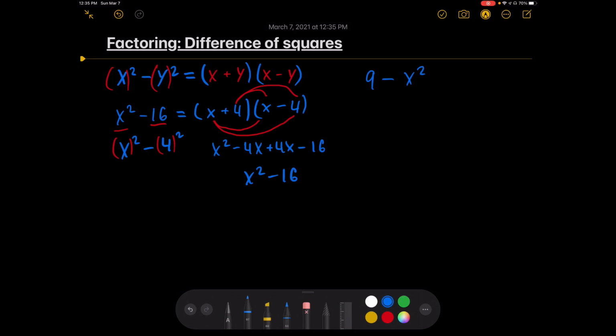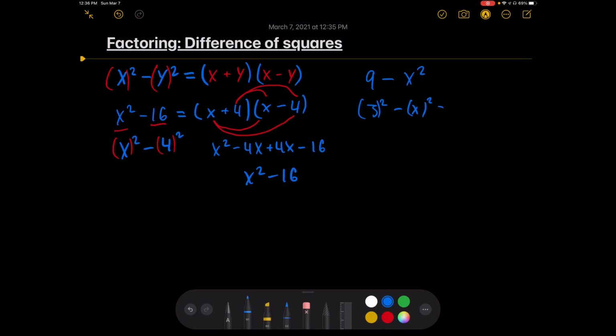Well, we can tell that it's a difference of squares because, first of all, it has the minus sign. Second of all, on the right side, we have x being squared, so that's something being squared. And on the left side, 9 is the same as 3 squared. So what we have here is 3 squared minus x squared. And if you want to put those parentheses around it to make it easier, because we can check that we have something being squared minus something being squared.